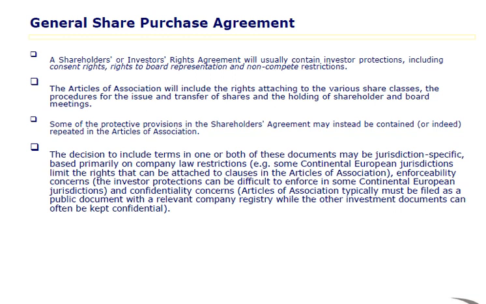Some of the protective provisions in the shareholders agreement may instead be contained in the articles of association, or both of these documents may be jurisdiction specific based on the primary company law restrictions. The articles of association are typically filed as a public document with the relevant registry, and other documents will be kept confidential for another reason.